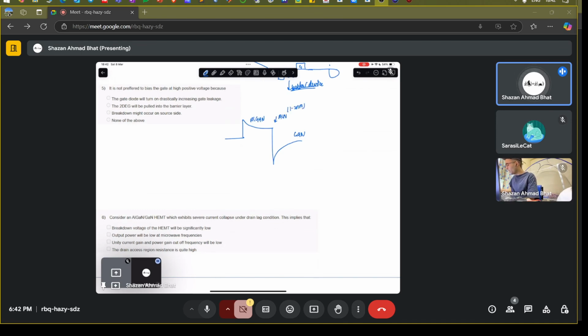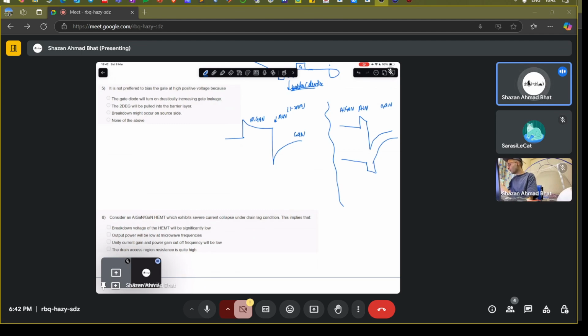The band diagram may look somewhat like this if there is aluminum nitride, with aluminum nitride, AlGaN, and GaN. So right now we are ignoring the aluminum nitride layer for simplification.